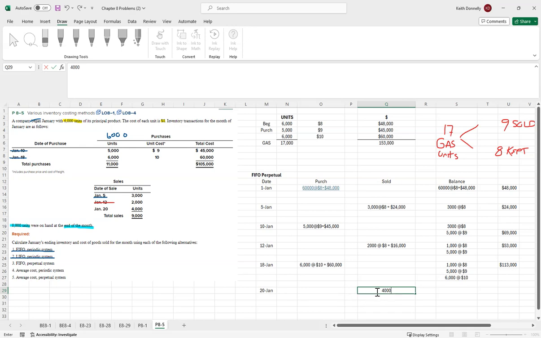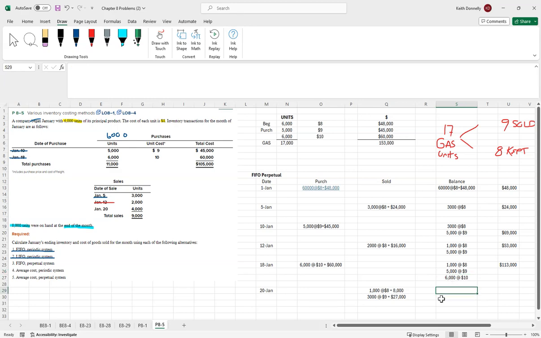How we're going to do this mathematically is 1,000 from the top pile at $8 equals 8,000. And then we're going to draw 3,000 from that second pile at $9, which equals 27,000. So we basically killed that first pile, it's entirely eaten up, and we ate into the second pile by 3,000.